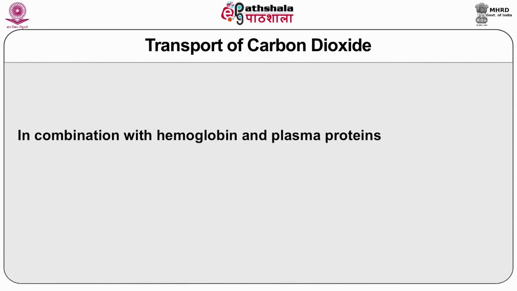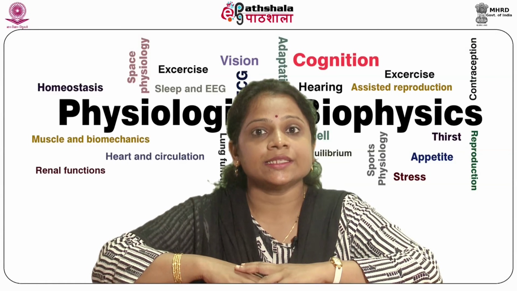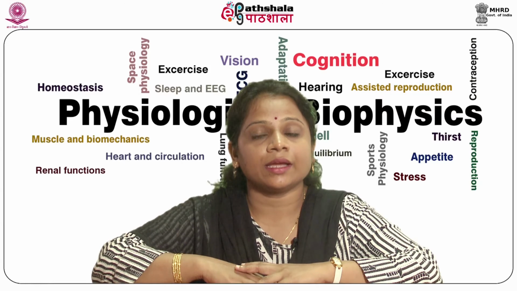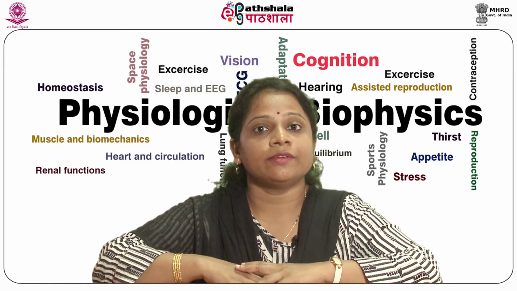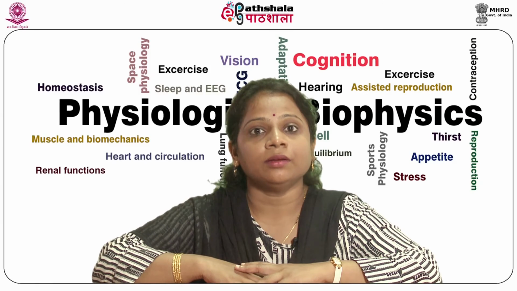Carbon dioxide reacts directly with plasma proteins and amine radicals of the hemoglobin molecule to form carbaminohemoglobin. This is a reversible reaction and accounts for 20 to 30% of carbon dioxide transported by blood.